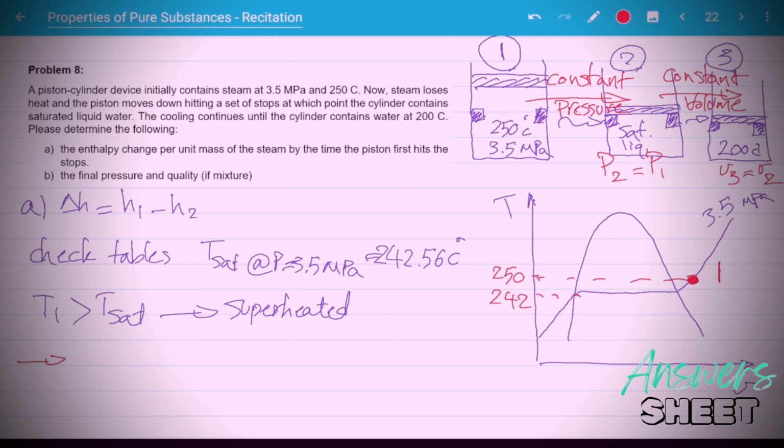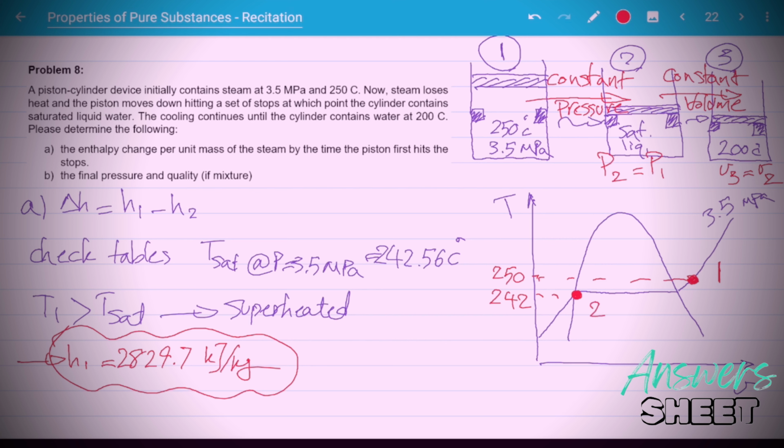Now, if I read the table, I get that the initial enthalpy is 2829.7 kilojoules per kilogram. Okay, let's continue to state 2. What do we know about state 2? We know that its pressure is equal to the first pressure, so we are on the constant pressure line. And we know that we are dealing with saturated liquid. So here is the second state, on the same pressure line, saturated liquid.